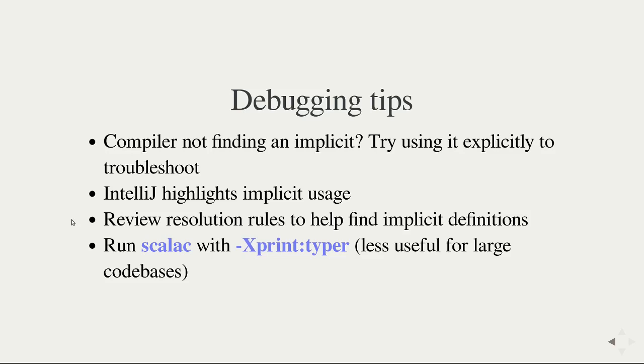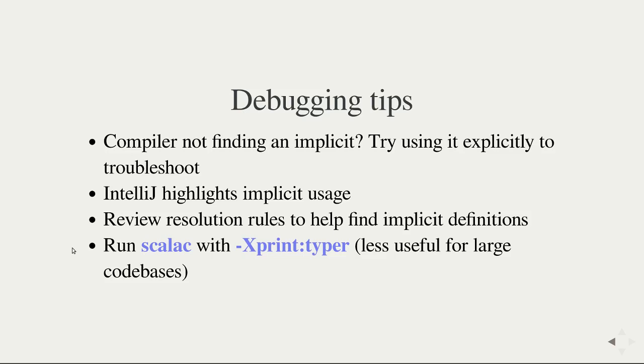I like to make sure my imports are as explicit as possible. I avoid using wildcard imports because it makes it really hard to track down. If you're looking for an implicit yourself and there's like 10 different imports that all use wildcard, you don't want to have to go and look through all those packages and try and find something that's just exhausting.